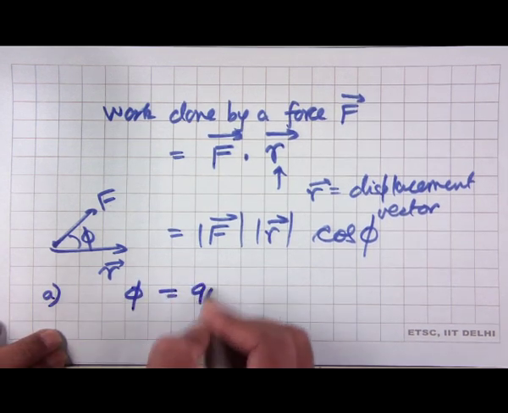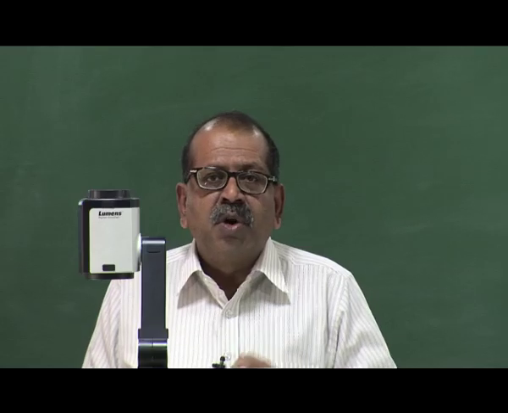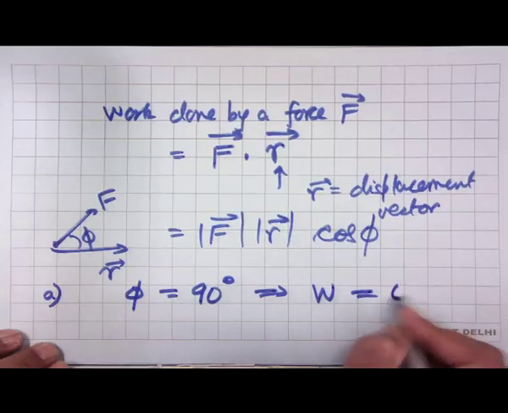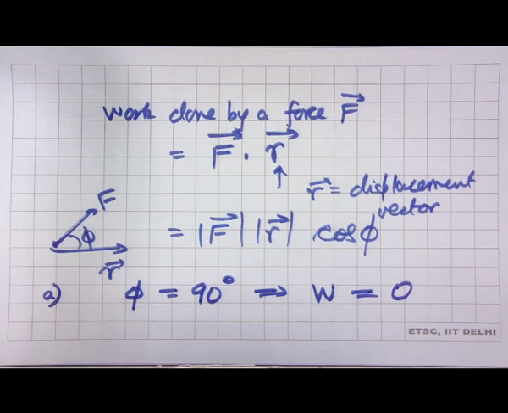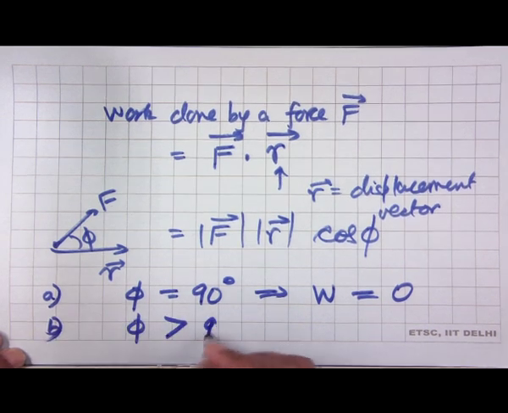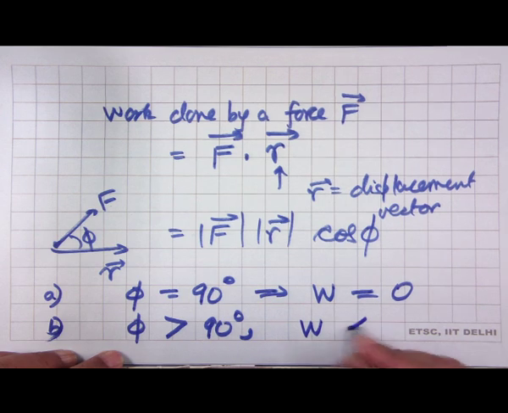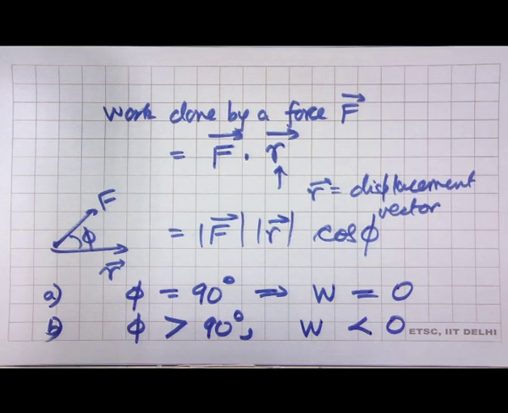If phi is equal to 90 degrees, if the force is acting perpendicular to the displacement, then work done will be 0. If phi is greater than 90 degrees, then cosine of phi will be negative and work done will be less than 0.